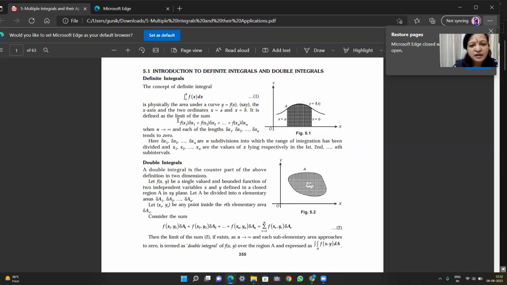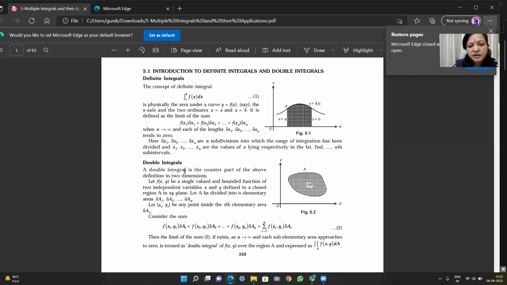It is defined as the limit of the sum of these small areas f(x1) del x1, f(x2) del x2, and so on, when n tends to infinity and each of the lengths delta x1, delta x2, and delta xn tends to 0. And here delta x1, x2 are the n sub-divisions into which the range of integration has been divided.